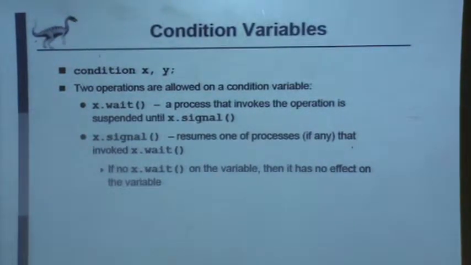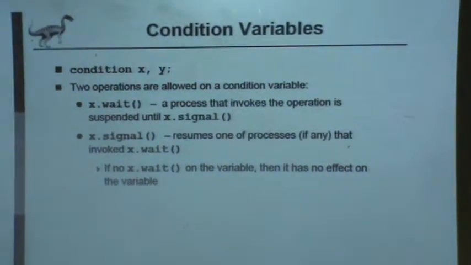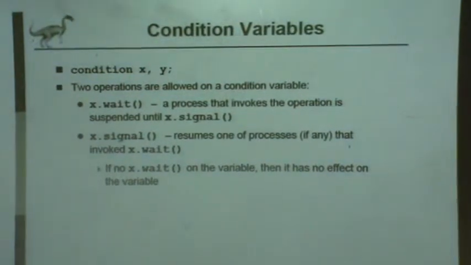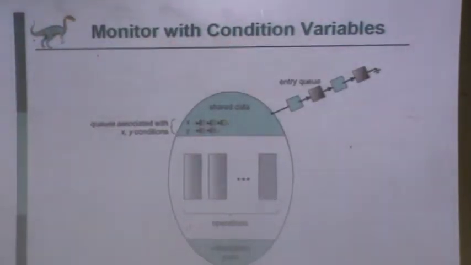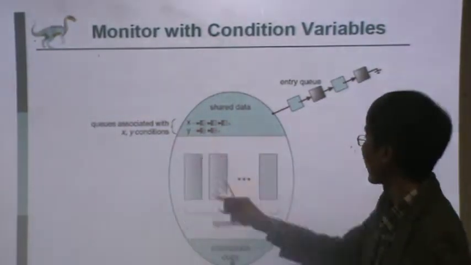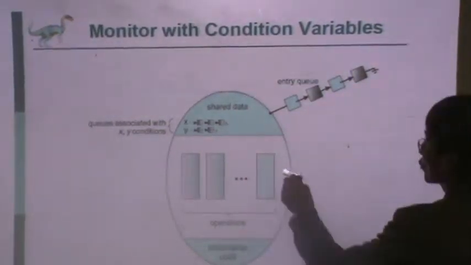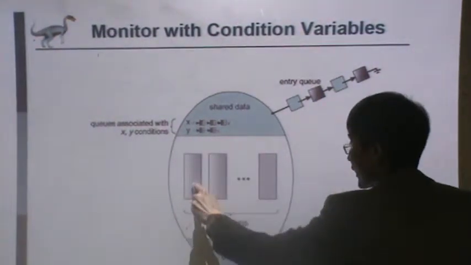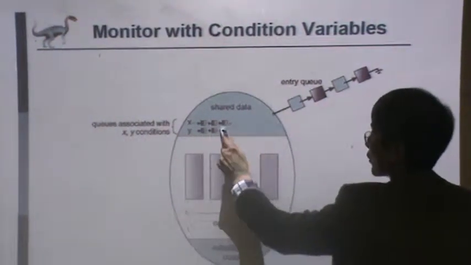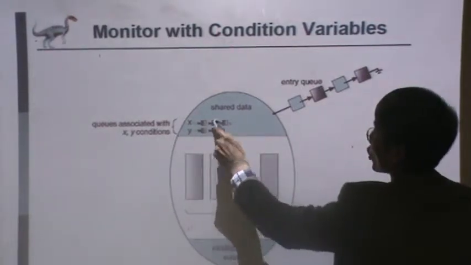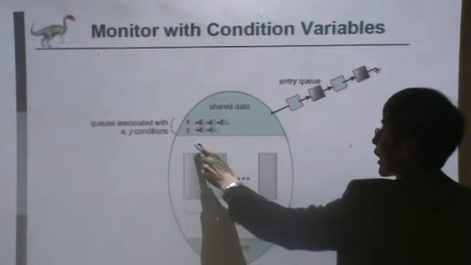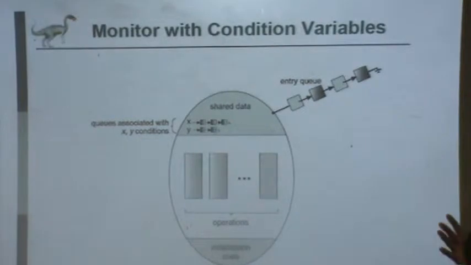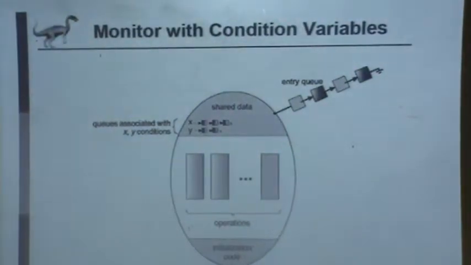A condition variable is kind of a queue to manage the threads that are requesting to access the shared data. If a process wants to access the shared data using X, this operation is the X condition. So this one is kind of a queue, and another queue. So you can manage the queue inside the class.